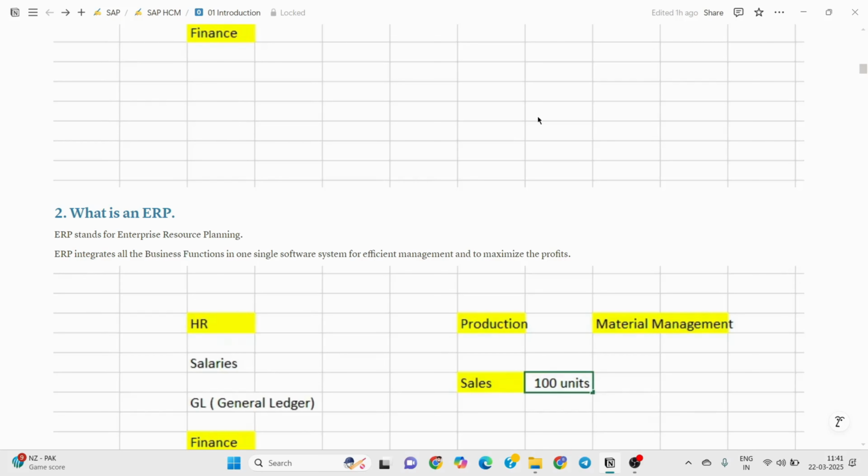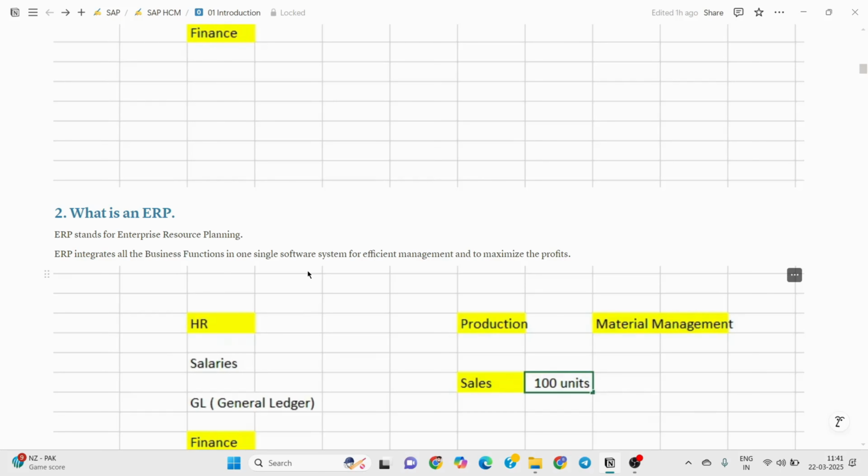There are lots of other business functions, but all of them are in one single software system for efficient management and to maximize profits. It means ERP integrates all the business functions of a company or enterprise in one place.